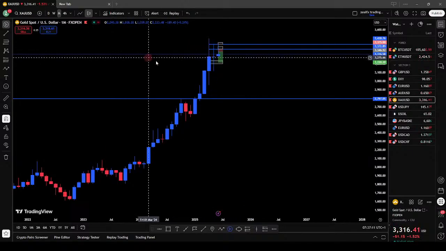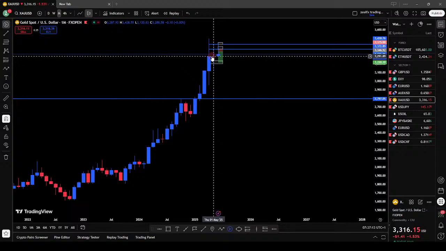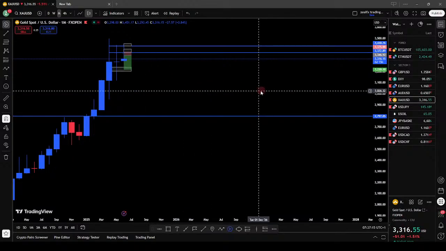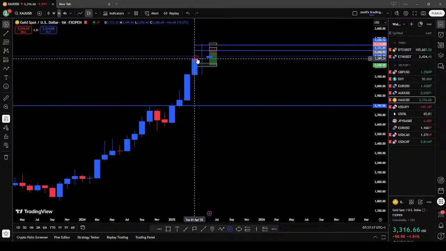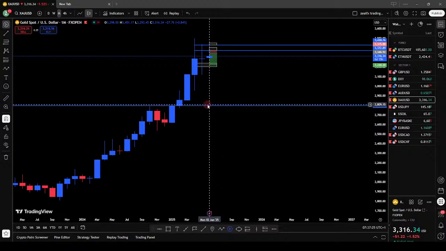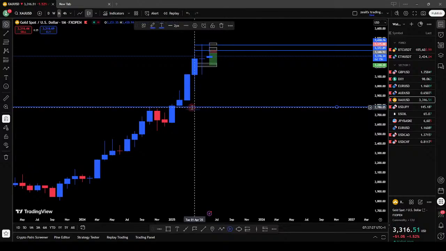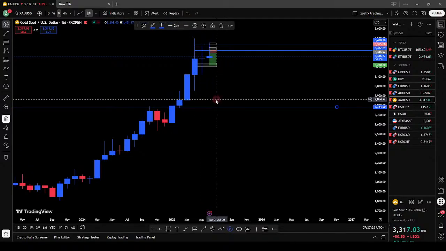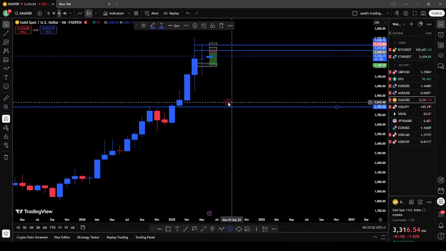This doji candle on the monthly chart indicates a price reversal for gold. So we're expecting gold to drop to this next support level, this area, in the coming months.